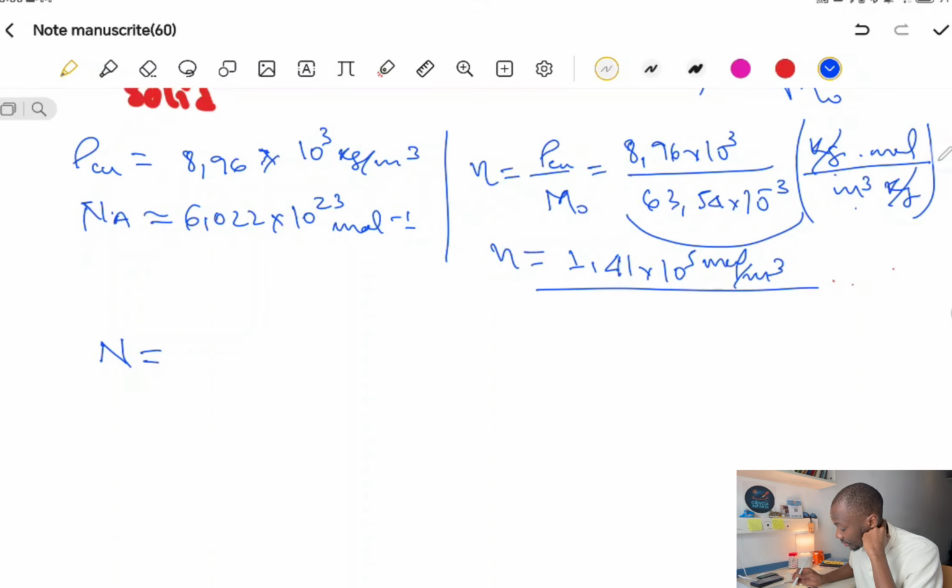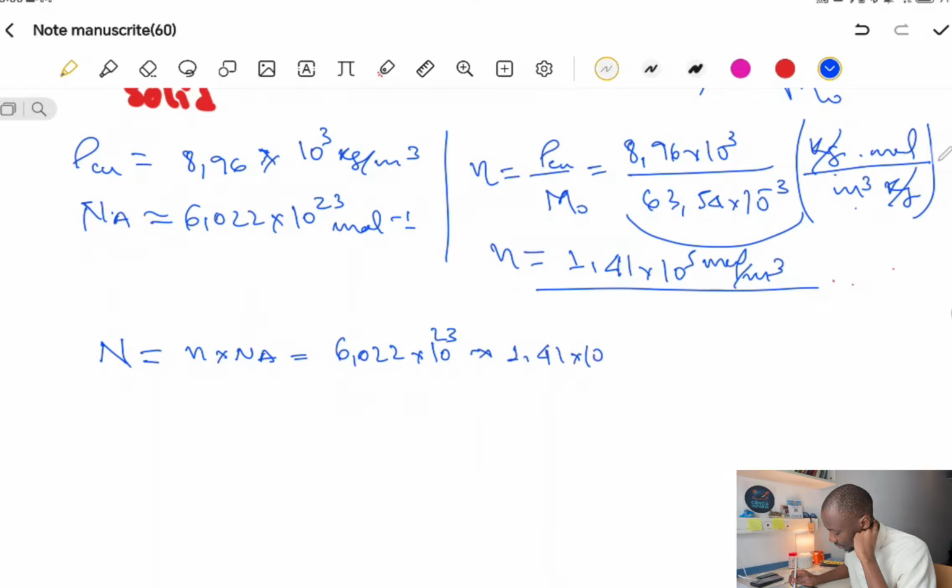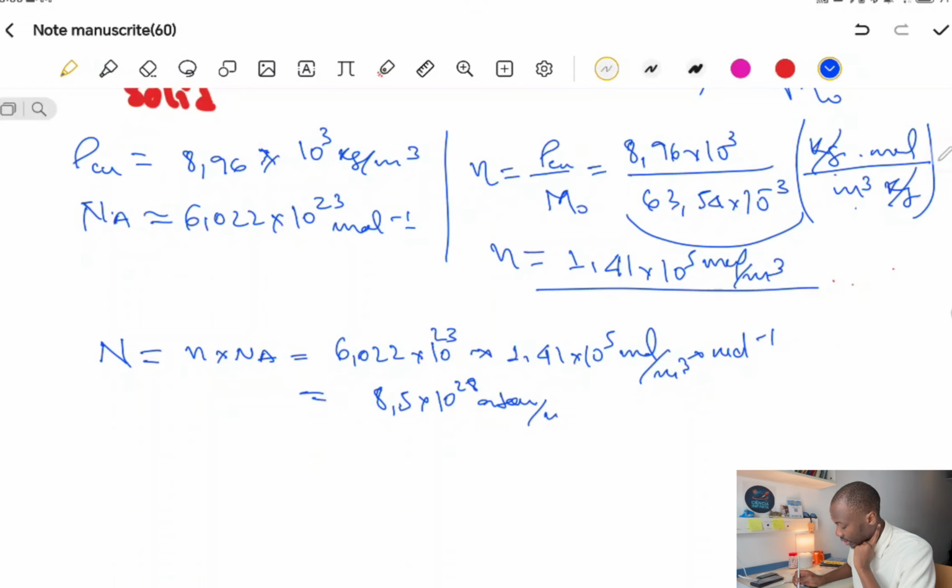Number of atoms per each cubic meter will be the number of moles per each cubic meter times the Avogadro number, that's 6.02 times 10 to the power of 23 times 141, moles per cubic meter times moles minus 1. Okay, and that will give us 8.5 times 10 to the power of 28 atoms per each cubic meter. That's the value of the atoms per each cubic meter.